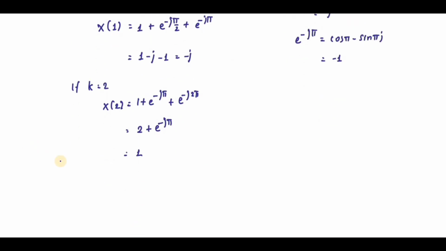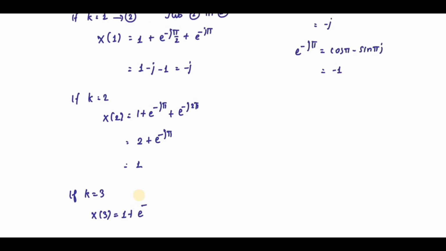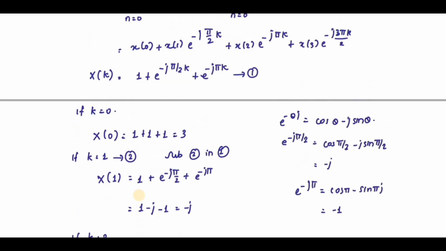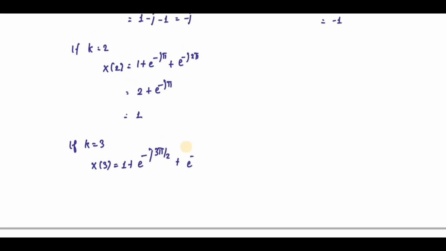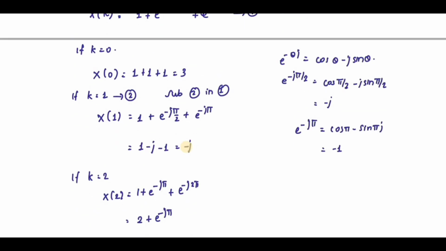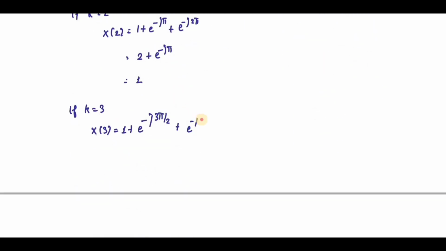Next, if I substitute k is equal to 3, I will get e power minus j 3 pi by 2 plus e power minus j 3 pi.